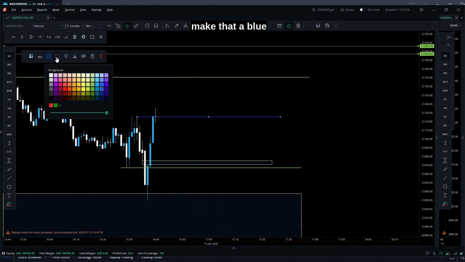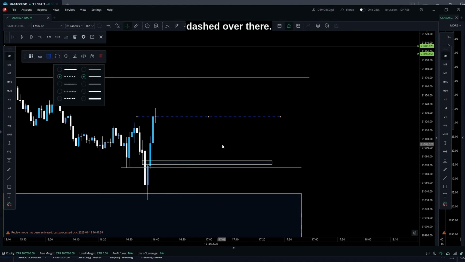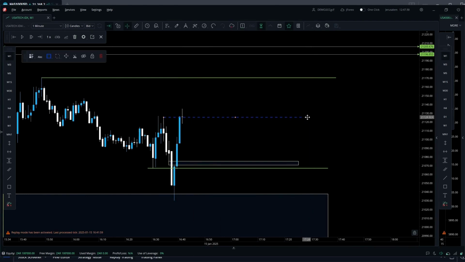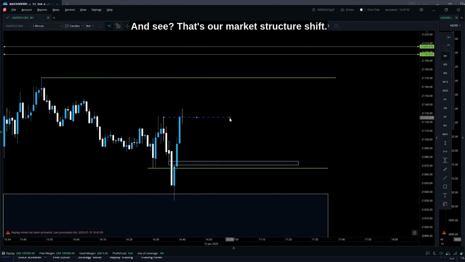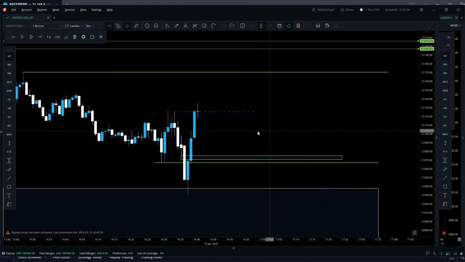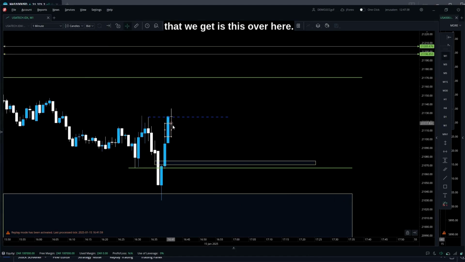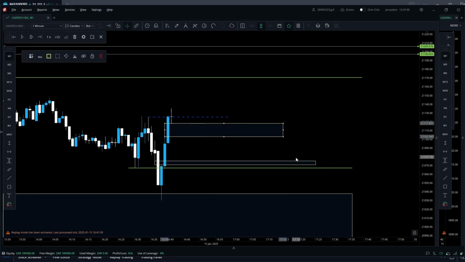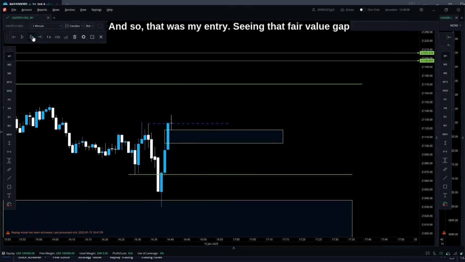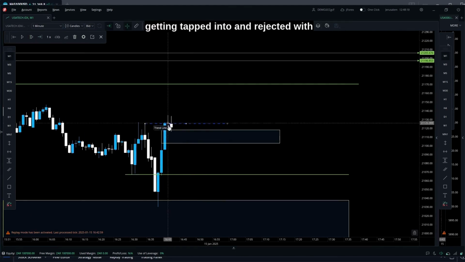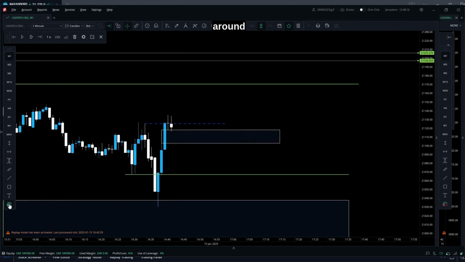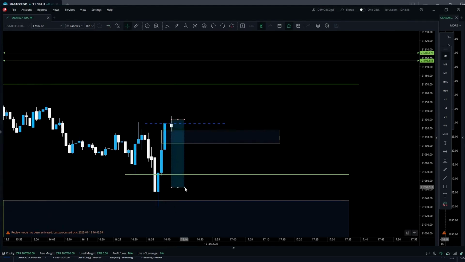I'm going to make that a blue dashed line over there. And then our first fair value gap that we get is this over here. And so that was my entry, seeing that fair value gap getting tapped into and rejected with this candle. That's when I entered, around here.